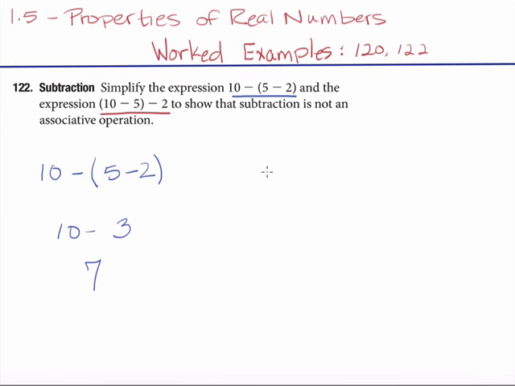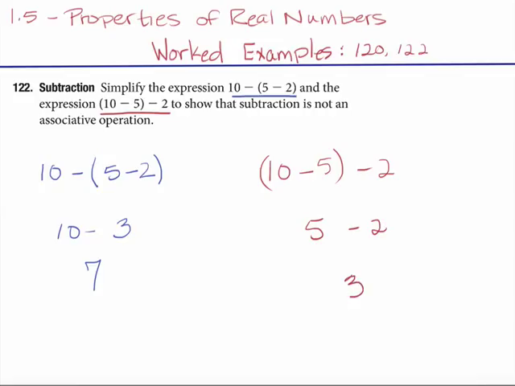The second expression, (10 minus 5) minus 2, must be done in the order 10 minus 5 first, because it's in parentheses. Then 5 minus 2 is 3. We get different answers.